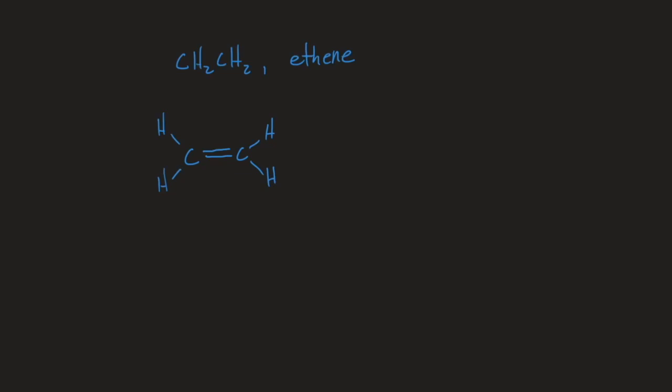We can always use the total number of electrons to double check that that's accurate. And so if we look at this, we have two carbons, both with 4 electrons. I have 4 hydrogens, all with 1 electron. And so that gives me a total of 12 electrons.